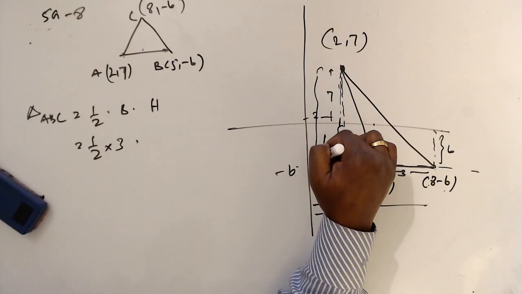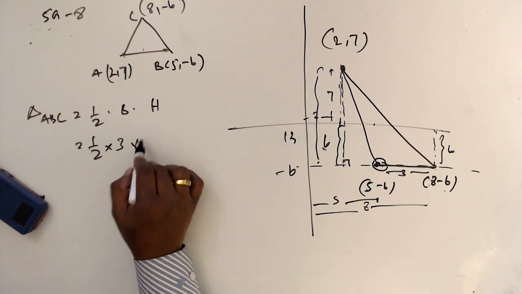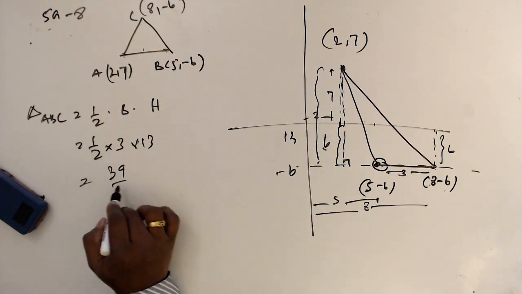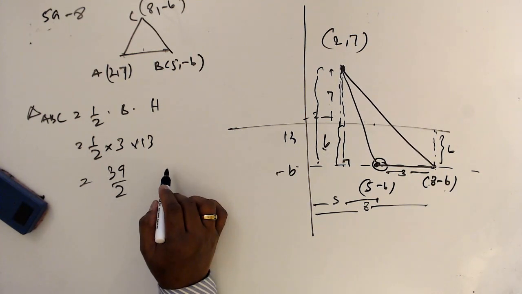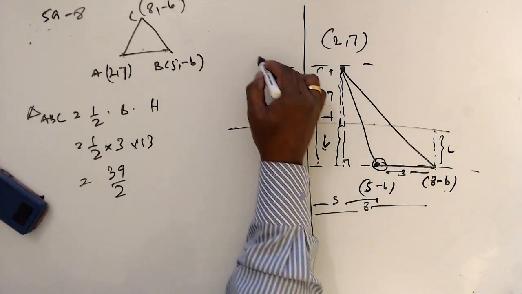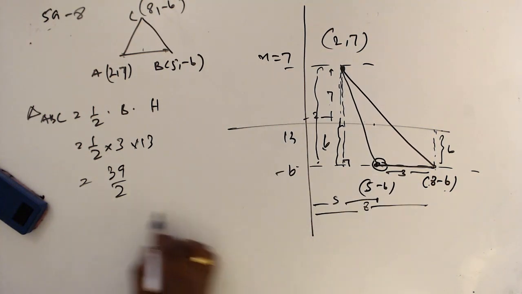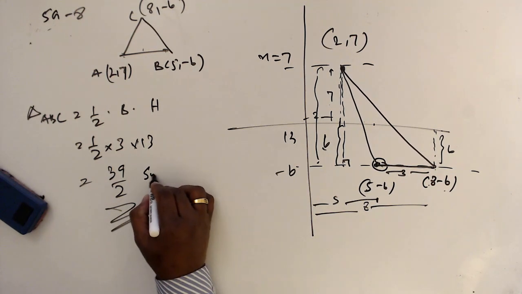Then I know the total height is 7 plus 6, 13. Okay, height is 13. So 39 over 2. So this is the answer, square units.